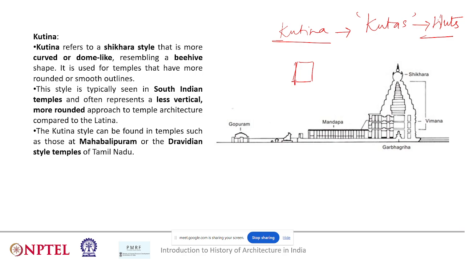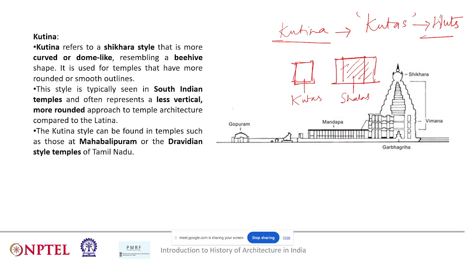They can be square shaped, or a bit longitudinal or rectangular. The square shaped are known as kutas, and the longitudinal, rectangular shaped ones are known as shalas.